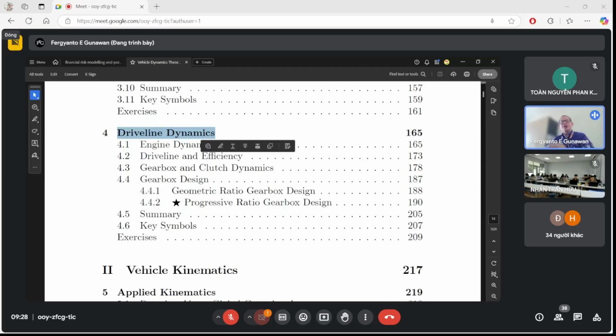Chapter 4 talked about the driveline dynamics. We focused on the rotation of the engine and also the torque of the engine. We already have an understanding of the distribution of the torque as a function of engine rotation, and we understand that there is an optimum frequency of rotation of the engine, omega 1 and omega 2.